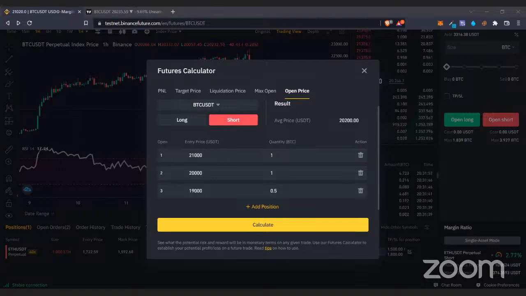Okay, so if you are using the app, the calculator, give me a moment. Let me share my screen.